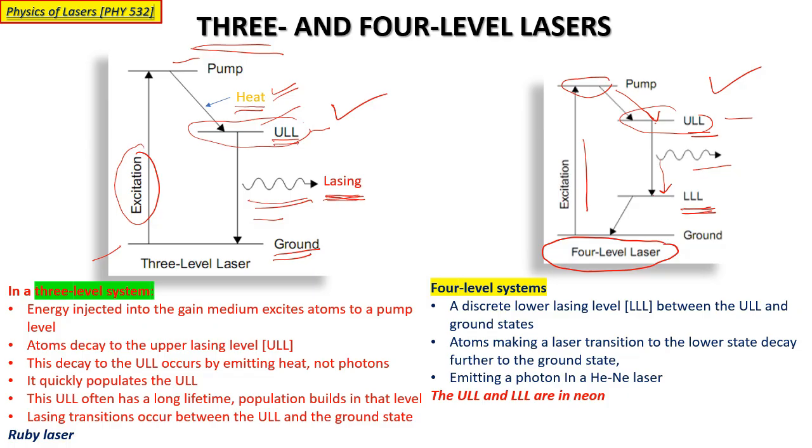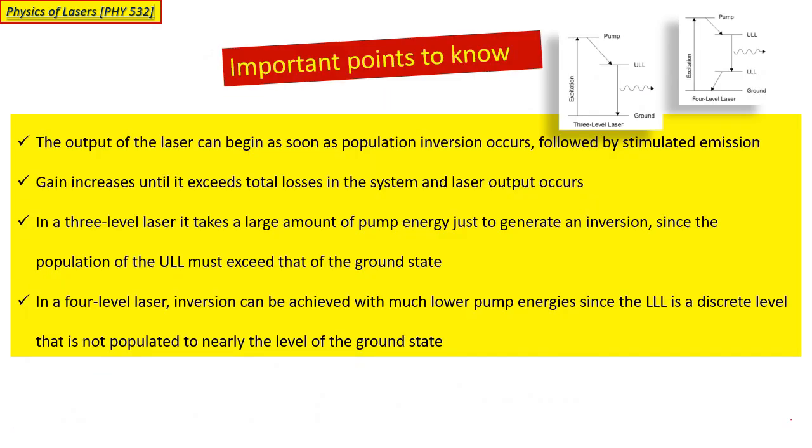Now let's move to the next slide. There are some important points which I am repeating again here. We just studied that lasers are categorized in two types: 3-level laser and 4-level laser.